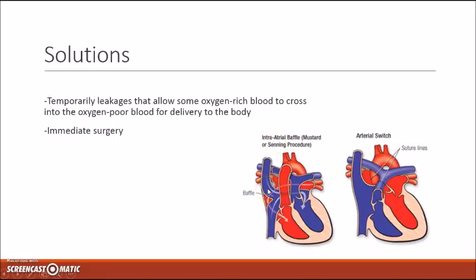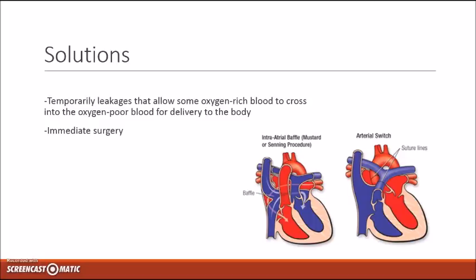What happens during this surgery is that the superior and inferior vena cava pathway would change from depositing the blood in the right atrium to positioning it in the left atrium to go to the left ventricle, and then the left ventricle would pump the blood instead of to the aorta. It would pump it to the pulmonary arteries, and then the pulmonary veins would position the blood to the right atrium, to the right ventricle, and the right ventricle would pump it to the aorta and in turn to the rest of the body.